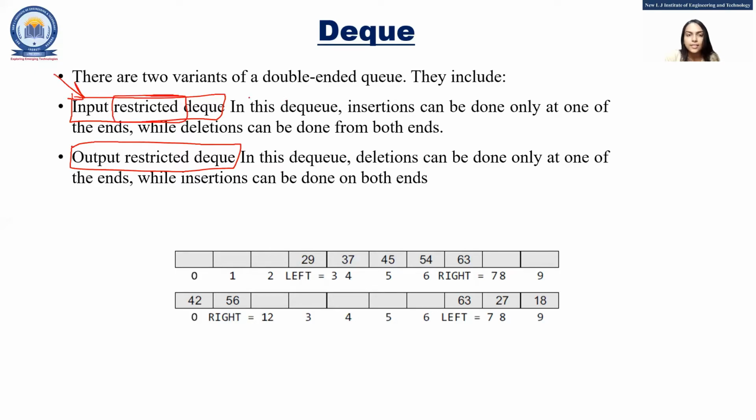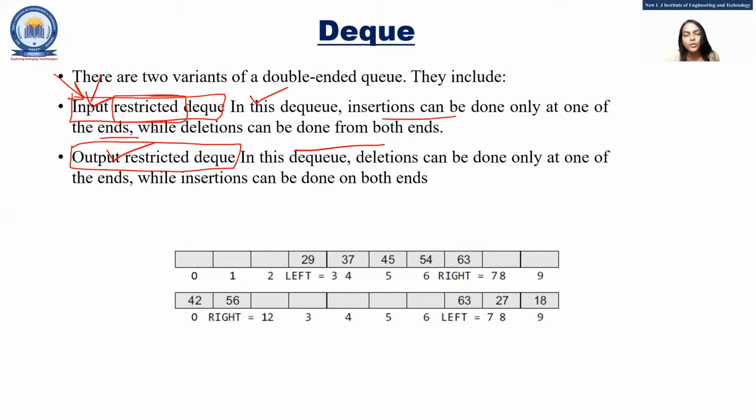In this kind of double-ended queue, insertion can only be done at one of the ends, but it is free for deletions. So deletions can be done from both the ends, but insertion has to be done at any one of the ends. That's why it is called input restricted DQ. That is, for input, it is restricted that it could be done from only one end.